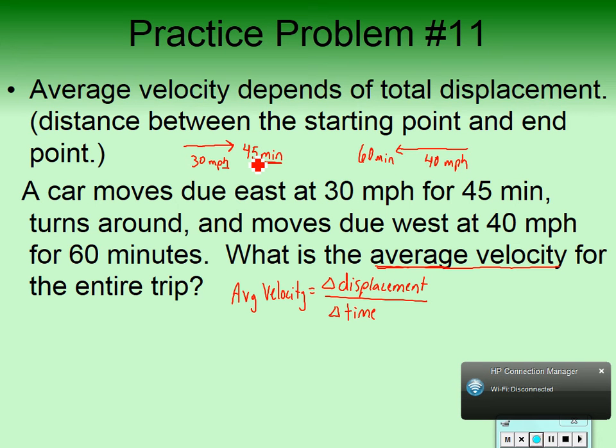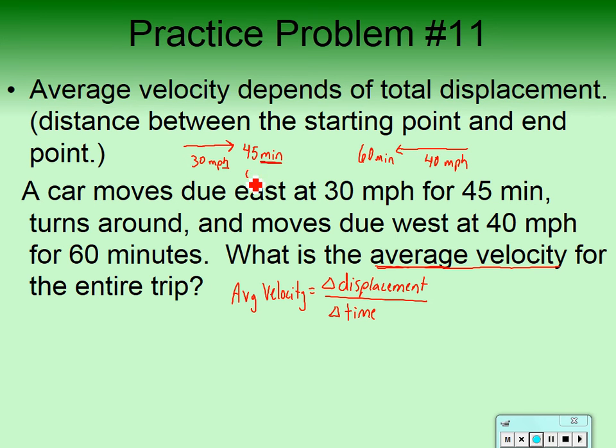Well, it's 3/4 of an hour. 3/4 can also be written in decimal form as 0.75 hours. So if we multiply 30 by 0.75, get out my calculator, 30 times 0.75 gives us 22.5 miles. That's how far east he moved.